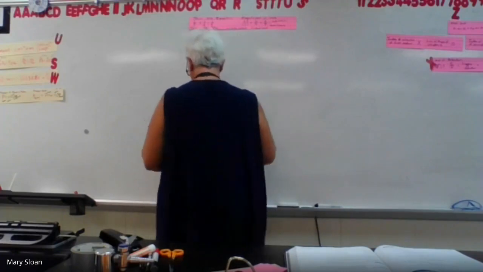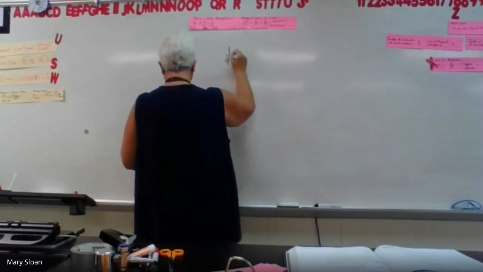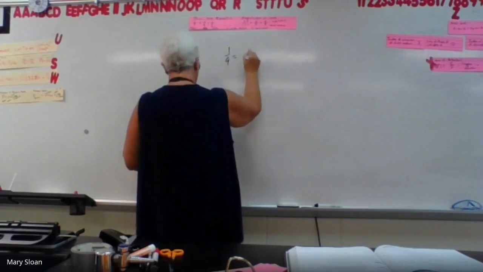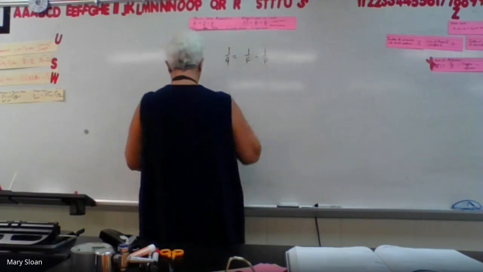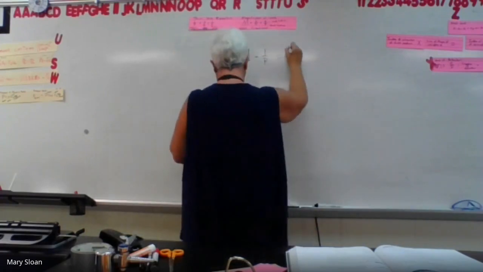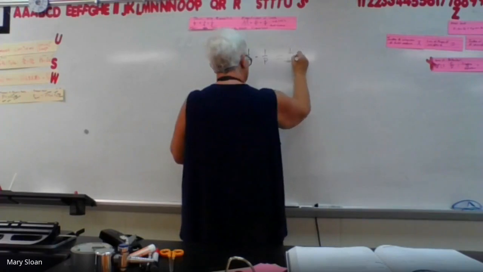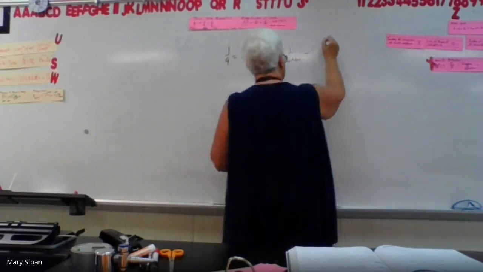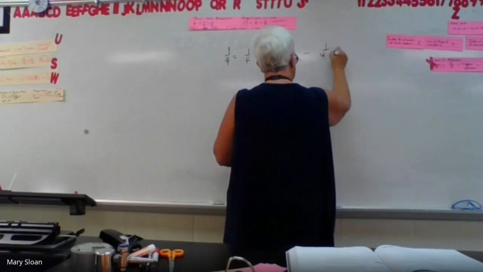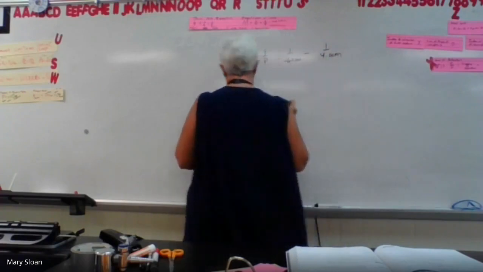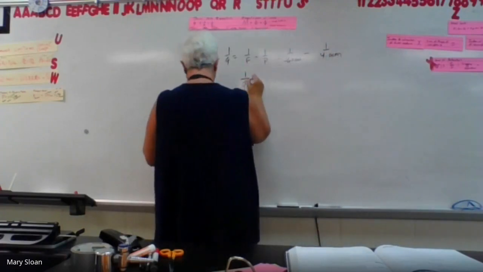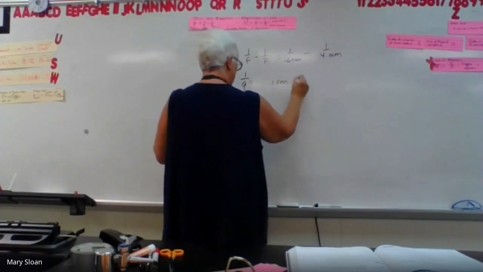For this one, we're going to do 1/q equals 1/f minus 1/p. My f is 1 over negative 6.0 centimeters minus 1 over 4.0 centimeters. So my 1/q, I changed it to 1/centimeter for both.